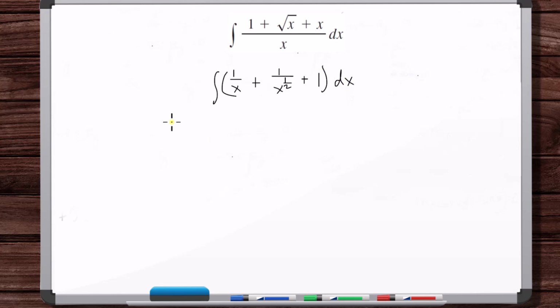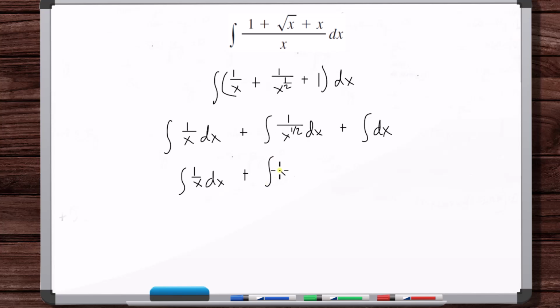Okay, we can separate this into 3 separate integrals. Okay, we'll leave this as 1 over x, and we'll write this as x to the minus 1/2.